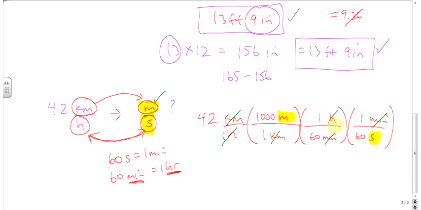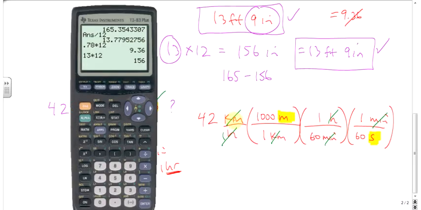And again, how do you put this in your calculator? All the numbers on the top, you multiply. I got 1,000 up there. Okay, times 1 doesn't change it. Times 1 doesn't change it. Divided by every number on the bottom. Divided by 1, don't need to do it. Divided by 1, don't need it. Divided by 60.